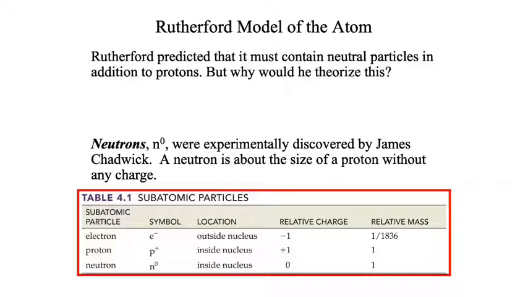1 over 1,836. Do you really want to memorize that number? If you do, find a different class. How big is that mass? It's really, really tiny. Does hair have mass? Yes. So if I want to lose weight, I need to shave my head.